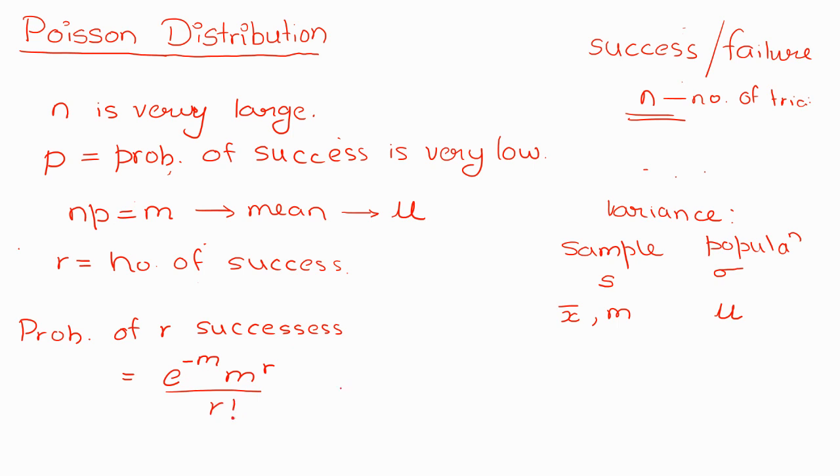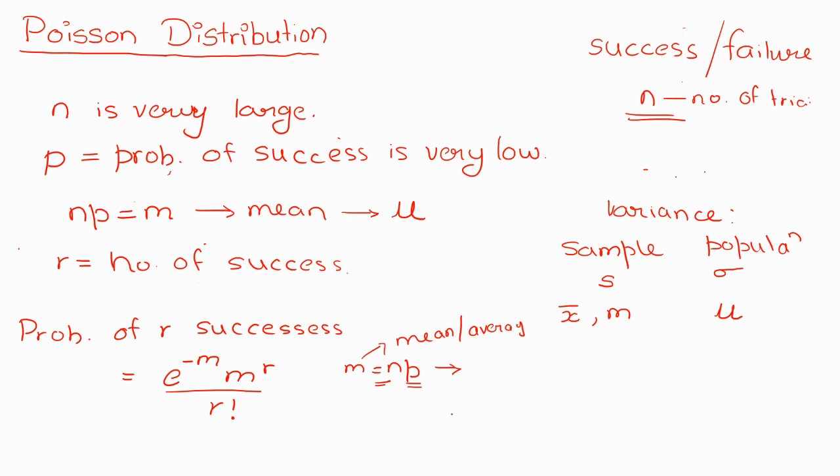And m is my n into p, where n is the number of trials and p is the probability of success. This m can be given directly in the question as the mean or the average, or if the number of trials and its probability are given, we can calculate this m value.